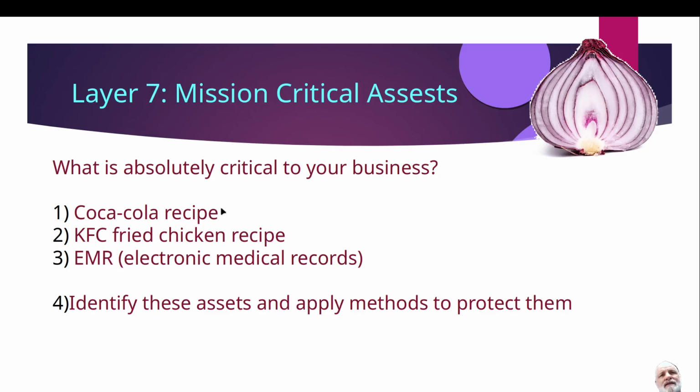These recipes themselves are critical to that business, and if they were stolen, then other people could copy them. Since they have the exact recipe, they could make it pretty much identical and cut into your production. So you need to make sure that these things are also kept safe.